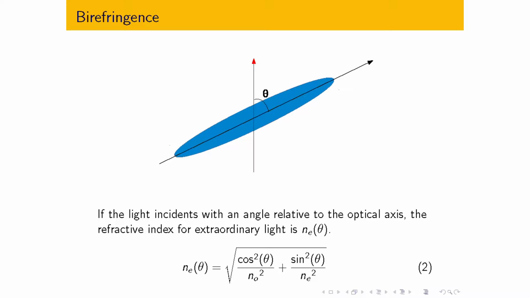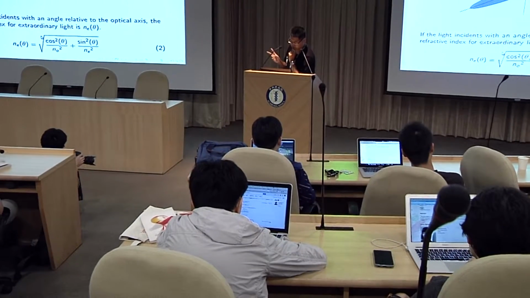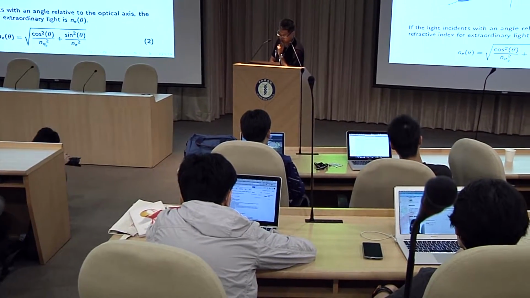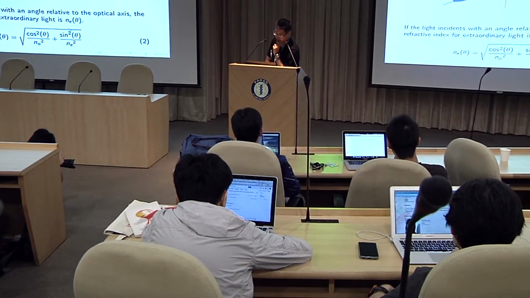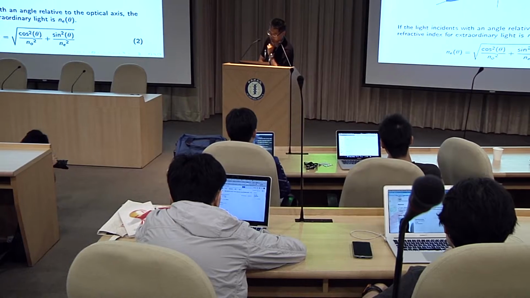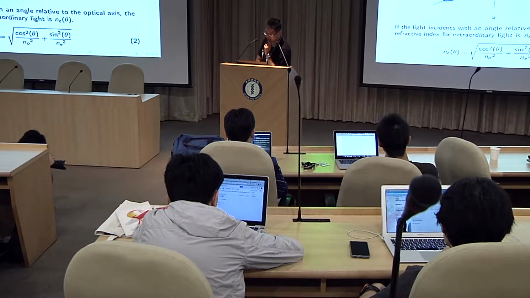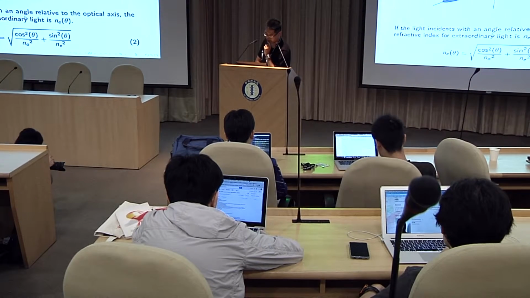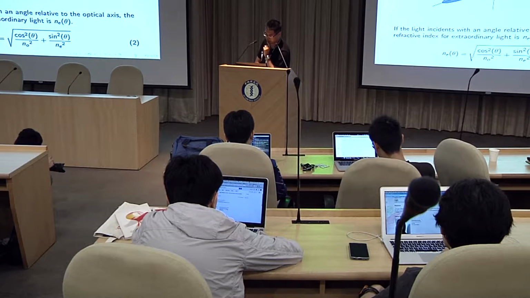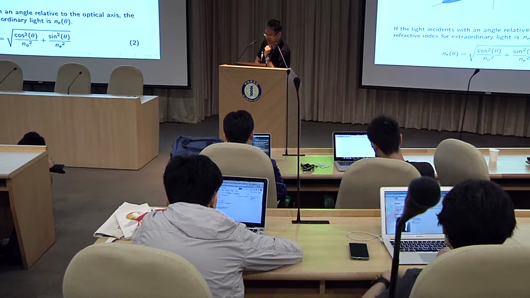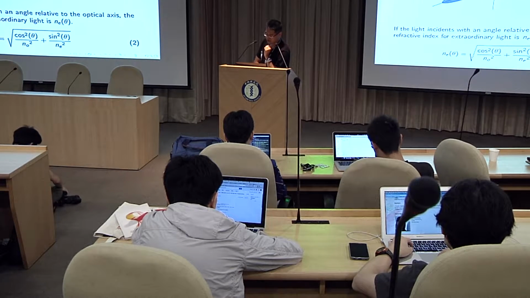And if you are not propagating along this axis or a direction perpendicular to this axis, you will get two refractive indices. One of them is always n_o. The other one depends on the angle between the direction the light propagates and the optical axis of the liquid crystal.